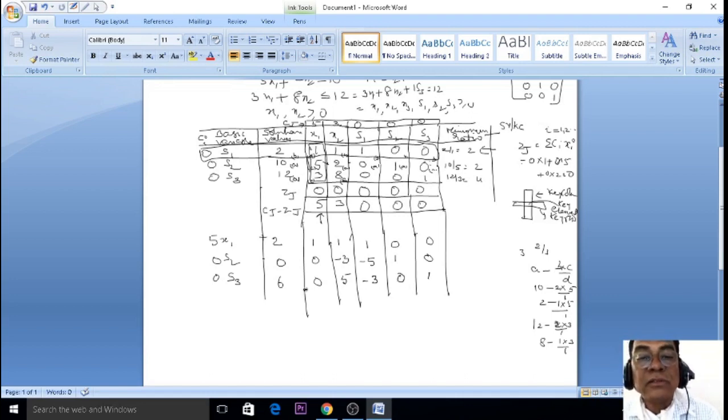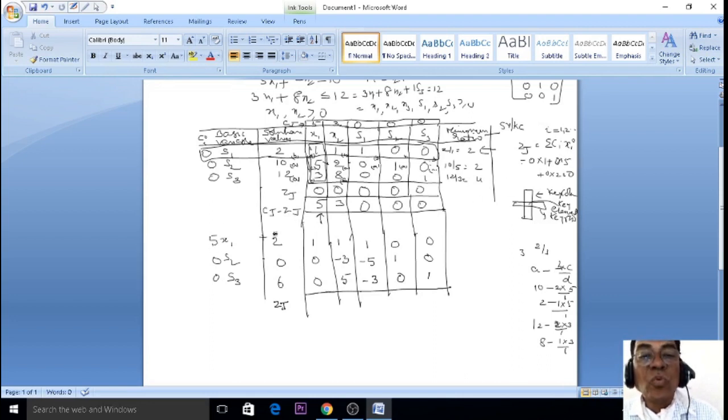Next, same values. After this, please calculate Zj values. So what are the basic formulas of Zj? Please refer. Zj is equal to sigma Ci into Xi. Sigma means summations, add.